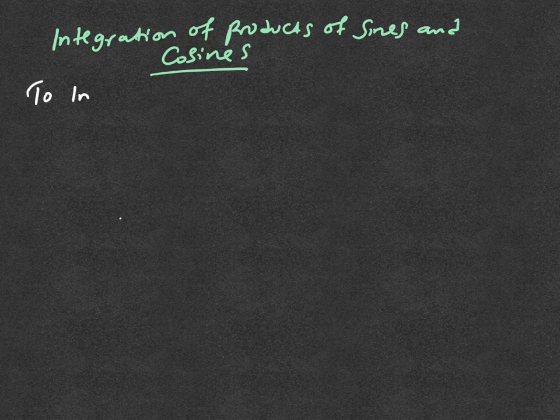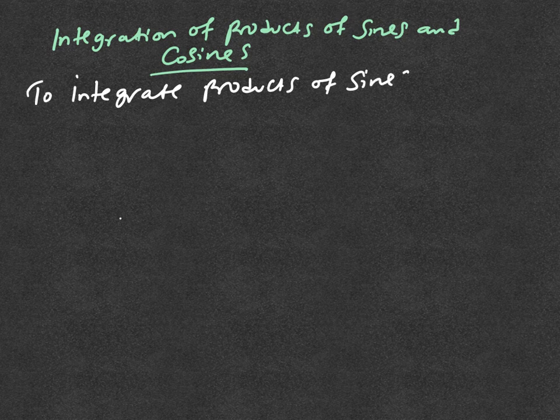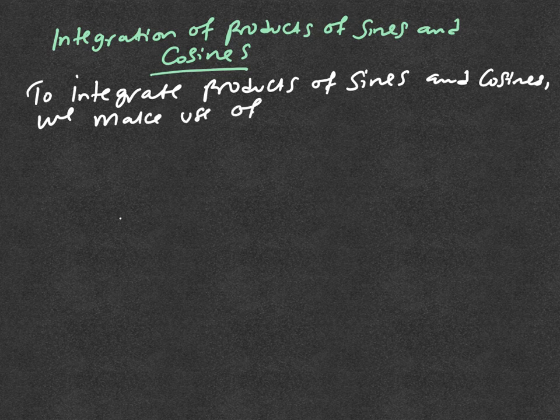To integrate products of sines and cosines, we make use of the factor formula.